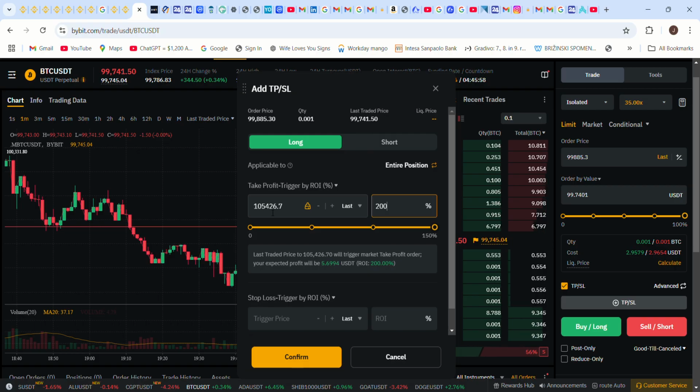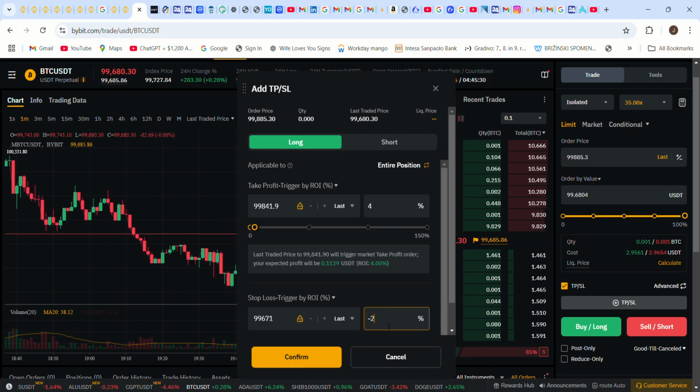That is really a long shot. So when you play this, it's better to have a little more money. I'm not a financial advisor. I'm just doing this to show you how to trade if you want to trade, and to know how to start with this futures market. Okay, for example, we will put 4%, and stop loss we'll put 2%.